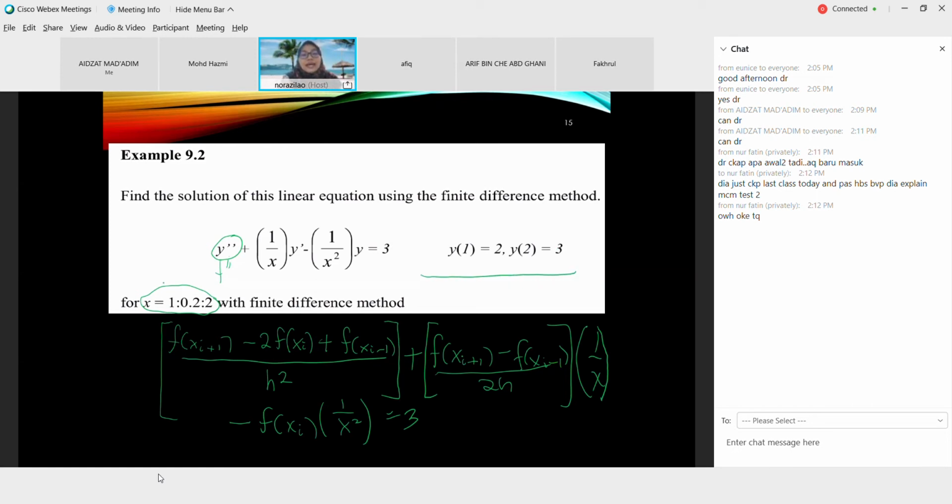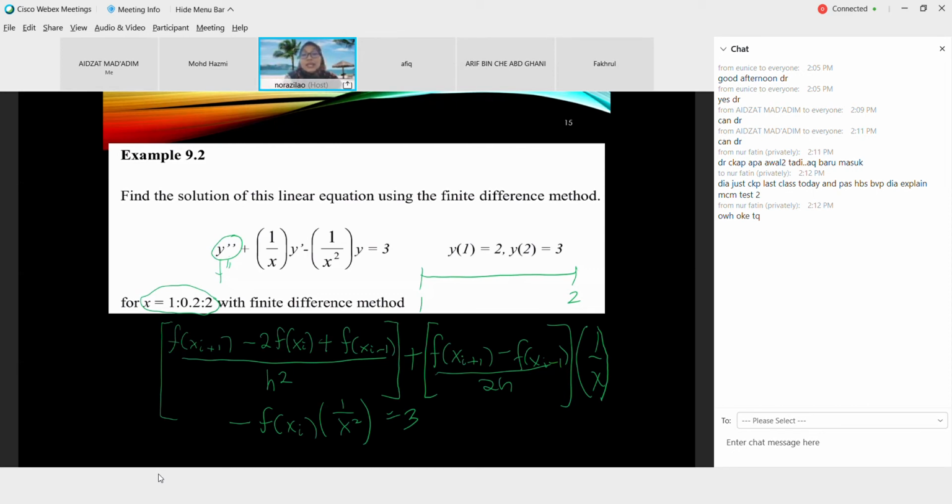So you understand that your initial point is number 1, bukan kosong kan dalam problem ni. And your end point is 2. Betul? Okay, and then in between, your increment is 0.2. So how many times you need to move or jump until you reach number 2? So you kena kira lah.